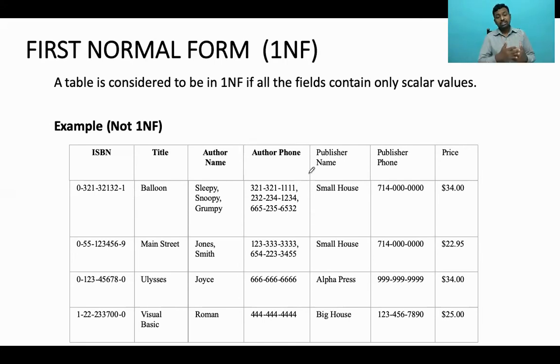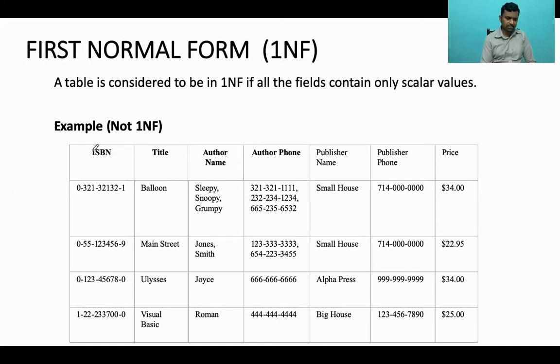So here it is like a hierarchy. If I want my table to be in third normal form, it must be in first and second normal form. If I want my table to be in fifth normal form, then it should be 1, 2, 3, and 4, like that. So it is a hierarchy that we need to follow.